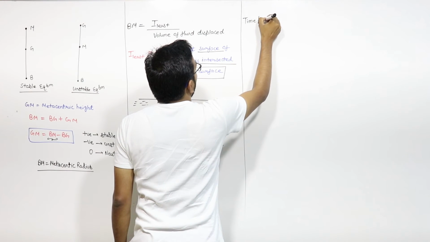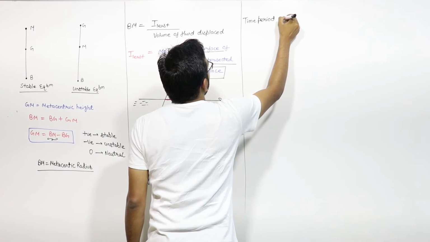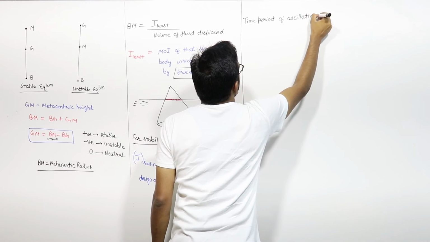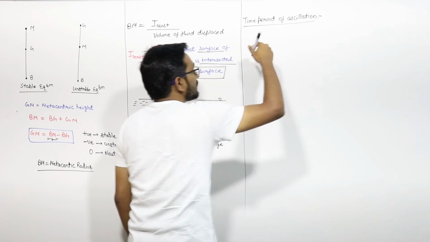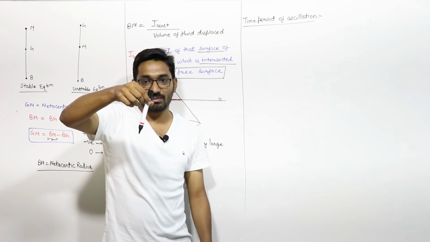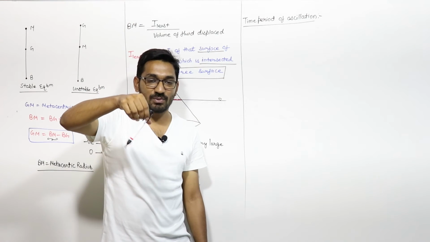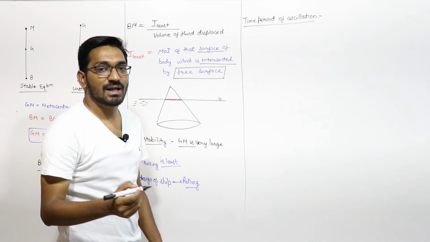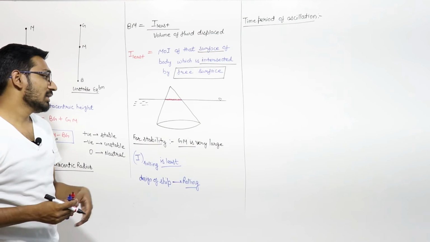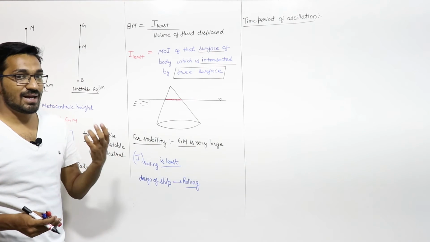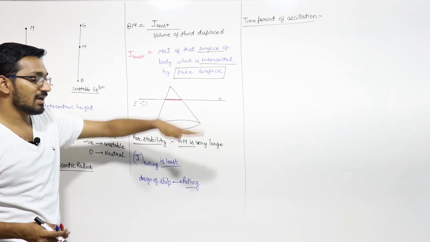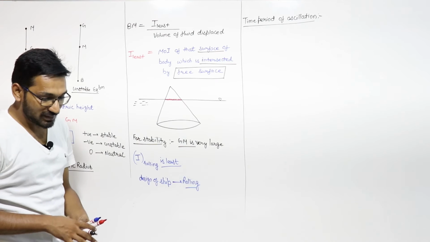We can say that this partially submerged body will be oscillating, and it can be assumed that it is oscillating around the metacenter as the center. So we want to find the time period of that oscillation.